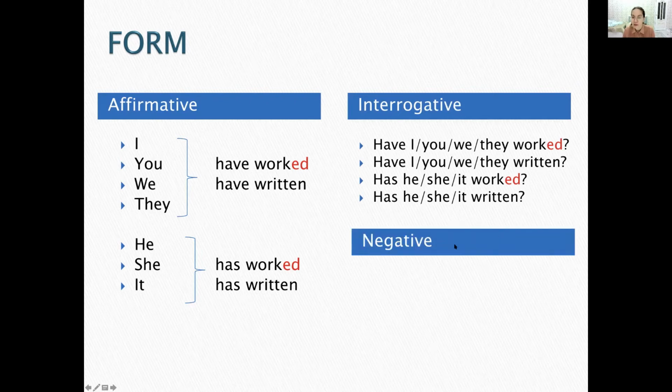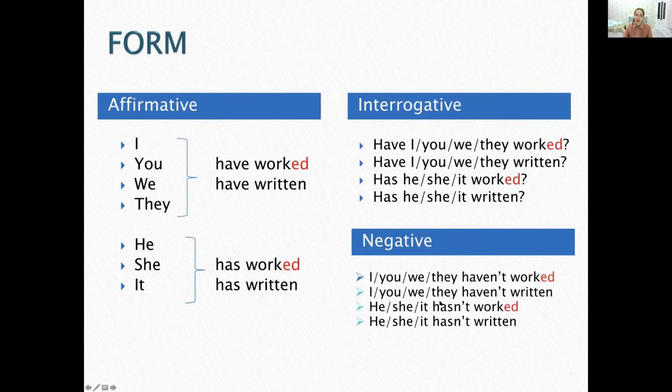The negative sentence. We use here not. The example here is with the contracted form, with apostrophe N apostrophe T. For example, I, you, we, they haven't worked.